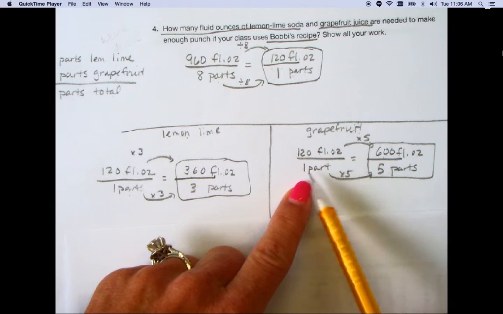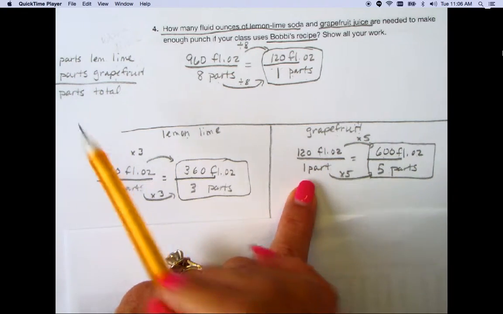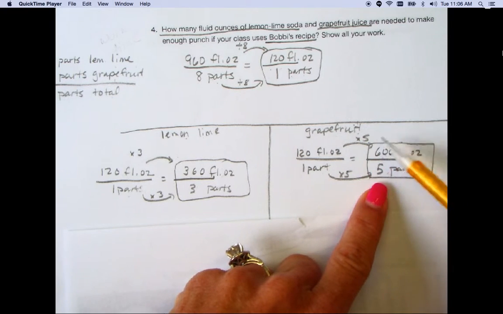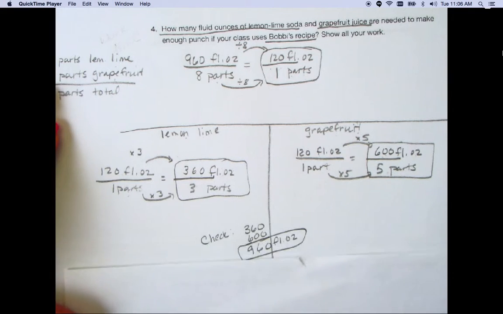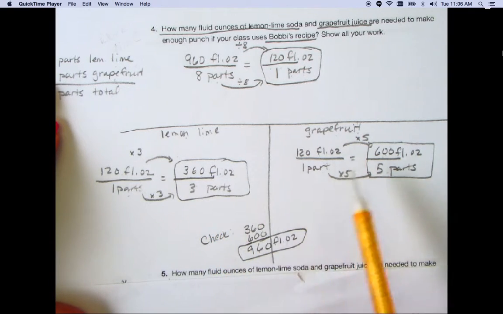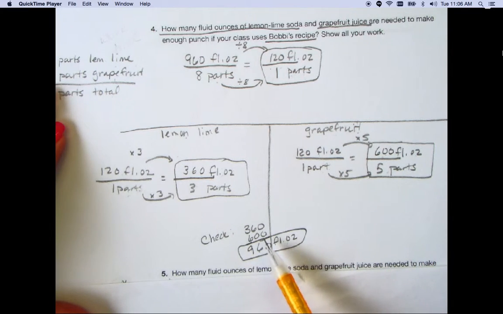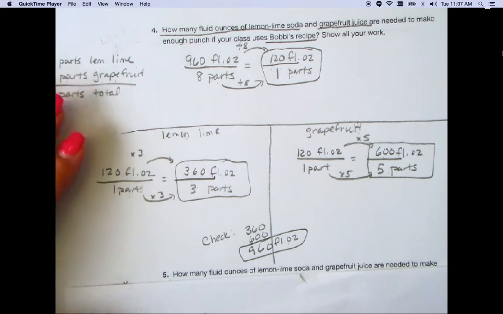There's 120 fluid ounces in one part for Bobby's recipe. Bobby has 5 parts of grapefruit, so I'm scaling up to get 600 fluid ounces. So if I have 360 fluid ounces of lemon lime and 600 fluid ounces of grapefruit, when I add them together, I better get 960 fluid ounces total, and I did.